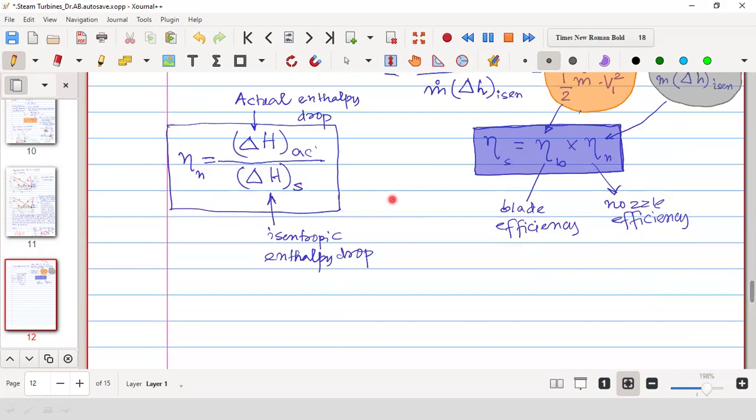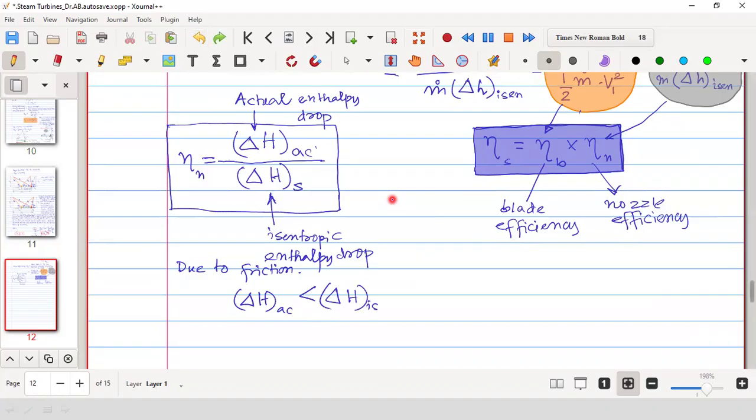And what is the cause of this deviation? Due to friction. Due to friction, delta H actual is less than delta H isentropic.